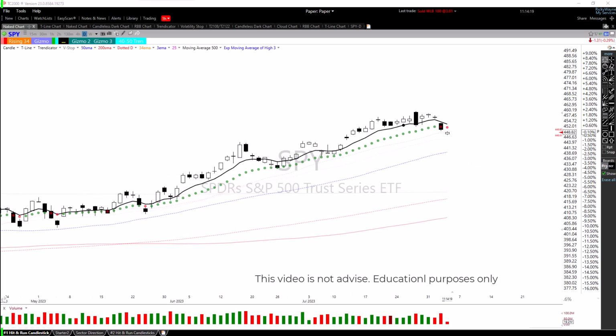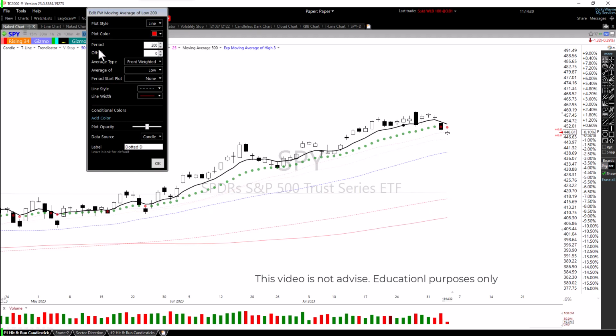Let's see. Dave is asking, can you show the setting? Sure. Dotted deuce setting is what this dotted line right here is. And the setting is, man, I'm losing my voice. It is the 200 period moving average. And the average type is front weighted as opposed to simple or exponential.